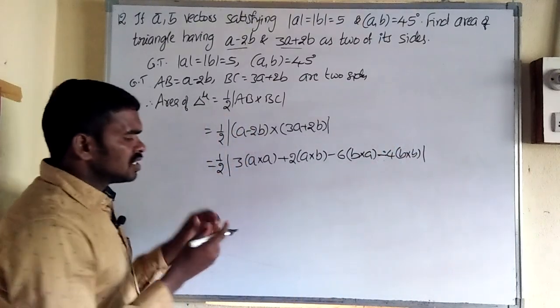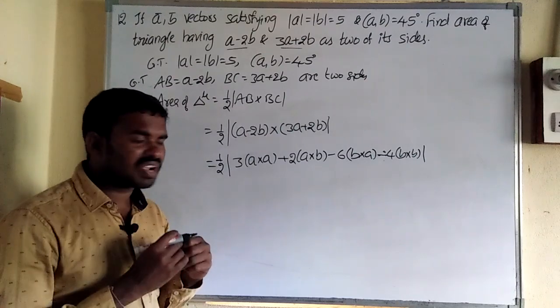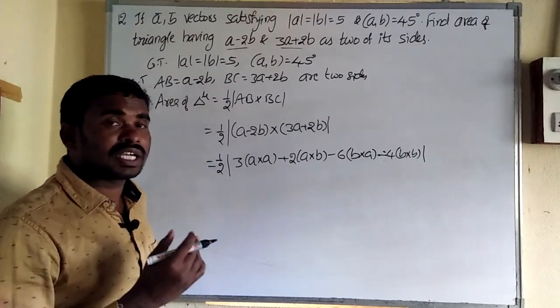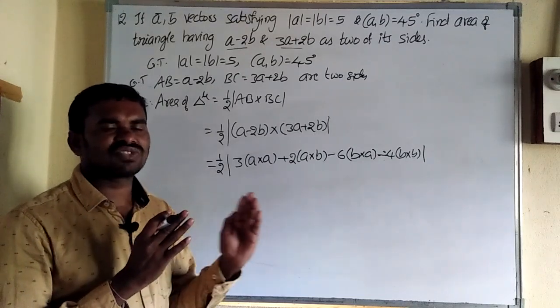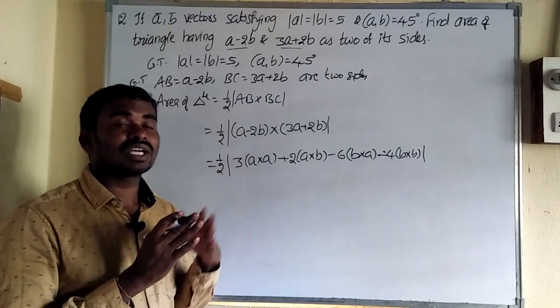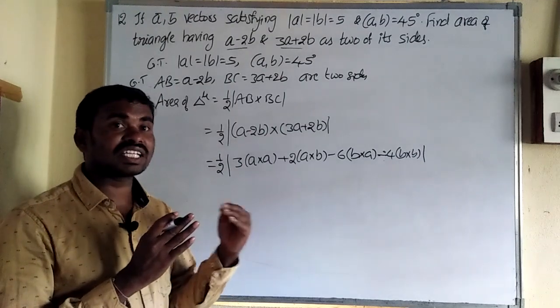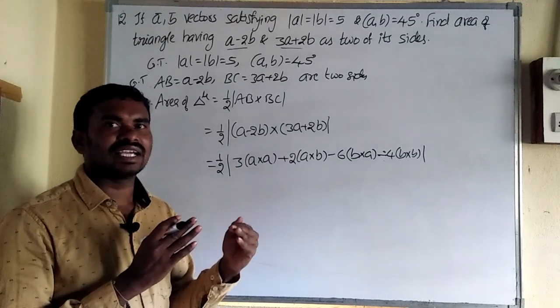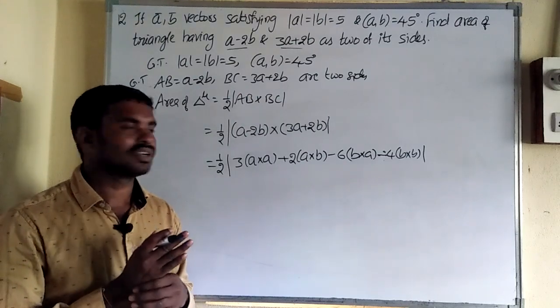Minus 4 b cross b. Okay. One more thing I would like to remind you: in the dot product, i dot i is 1, j dot j is 1, k dot k is 1. And in the cross product, i cross i is 0, j cross j is 0, k cross k is 0. In part 1 I explained this in the introduction.